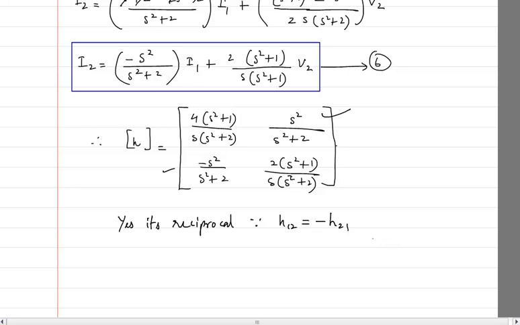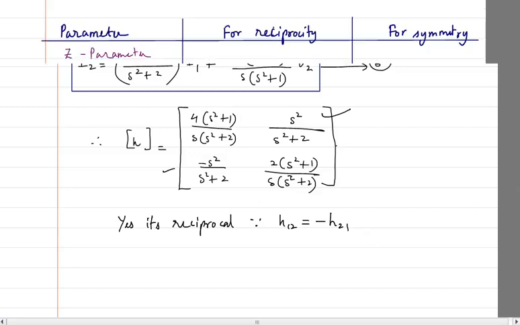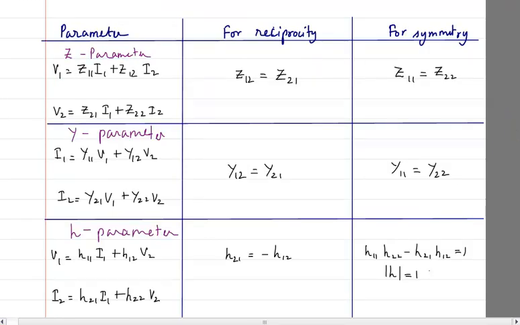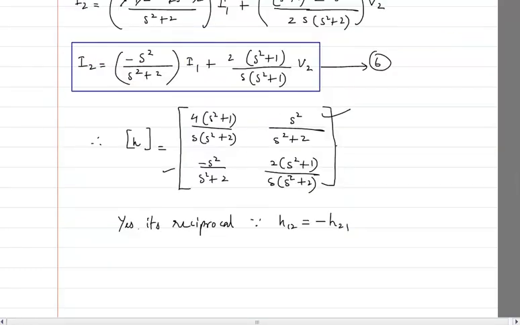Now whether it is symmetrical, you can find out by which condition? By this condition, that is the determinant of H should be equal to 1. That I will ask you to do it. Find out the determinant of H if it is equal to 1.